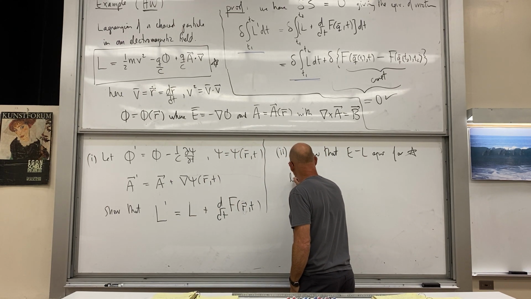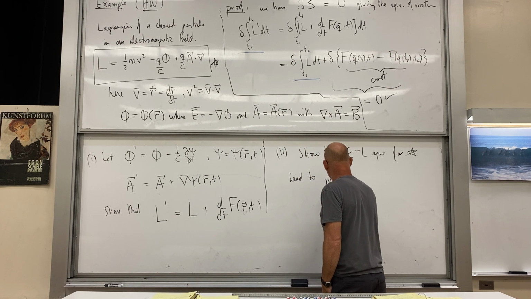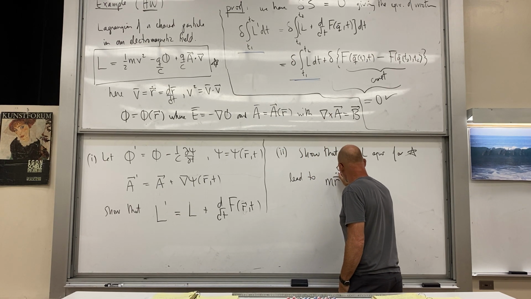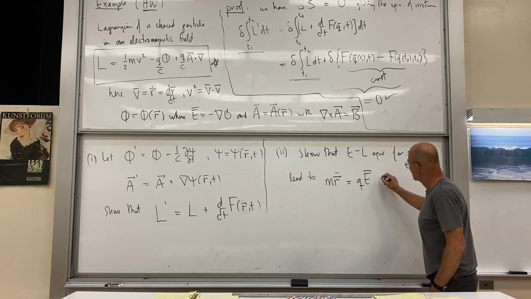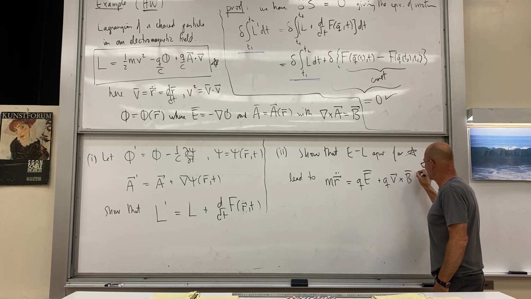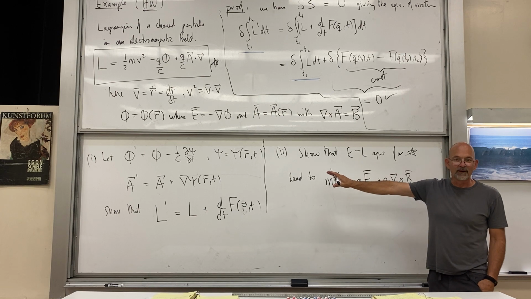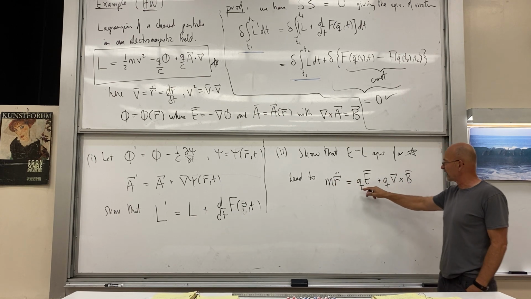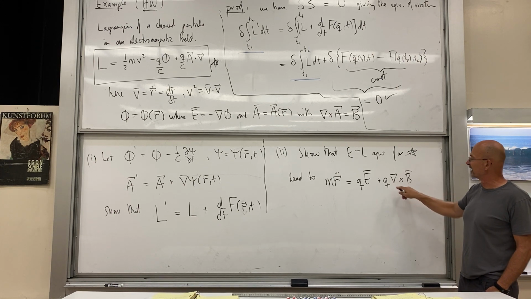lead to m r double dot is equal to qE plus qv cross B. That's what you recognize from electricity and magnetism. Mass times acceleration, that's your electric force, and that's your Lorentz force from the magnetic field.